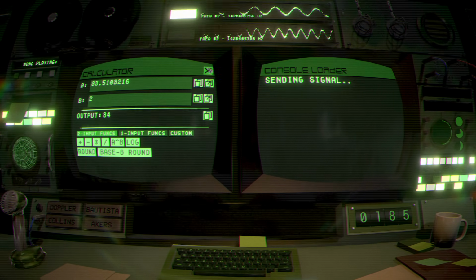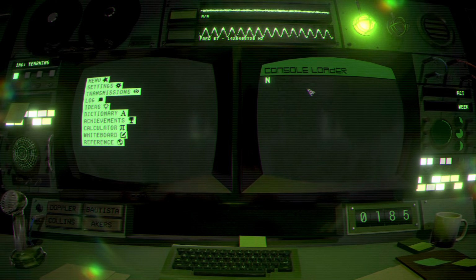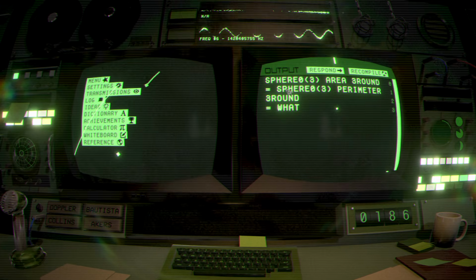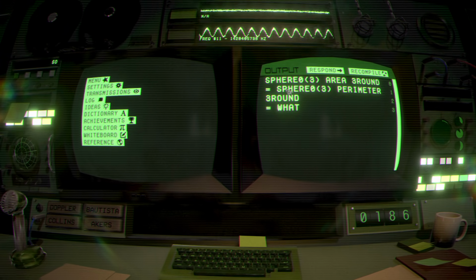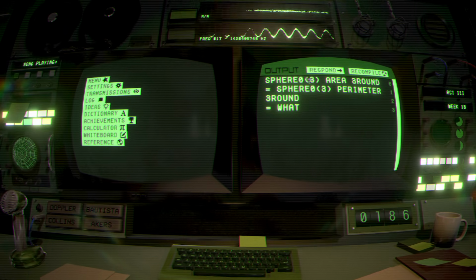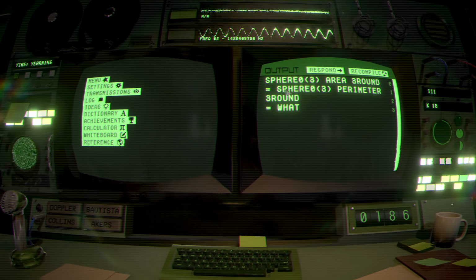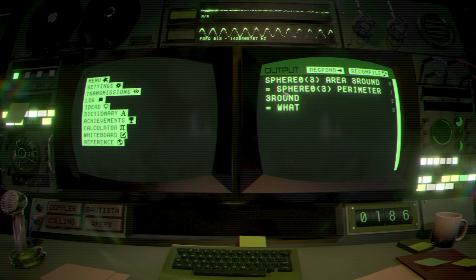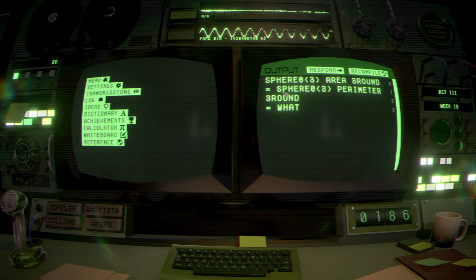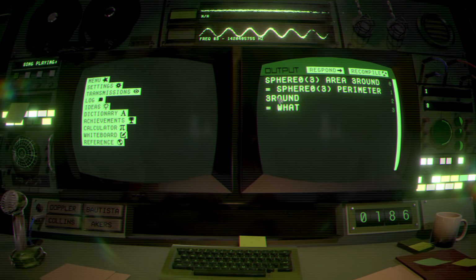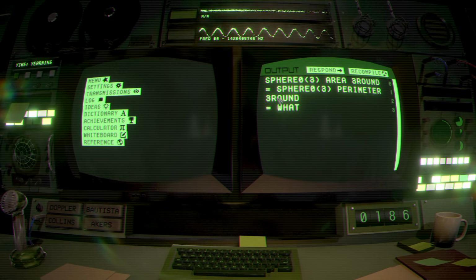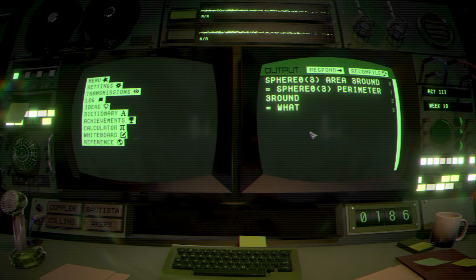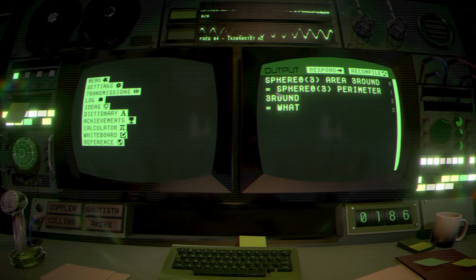So let's take a look. Fantastic. Okay, so we're on the right track. We're just making it harder for ourselves. So what's the area of a sphere with a radius of 3 and perimeter? Are they saying that it's the same?